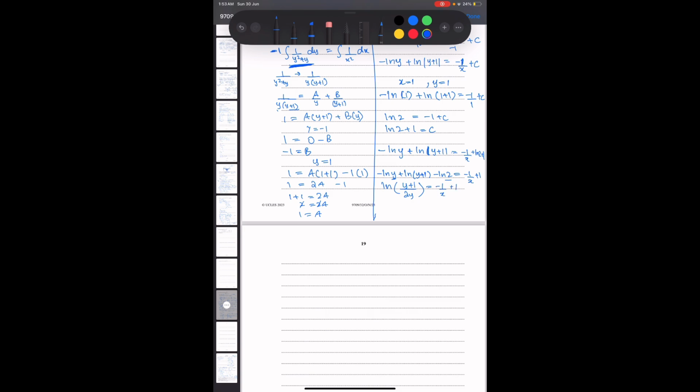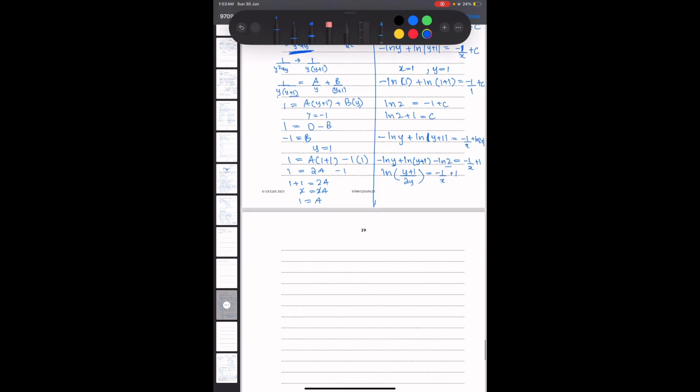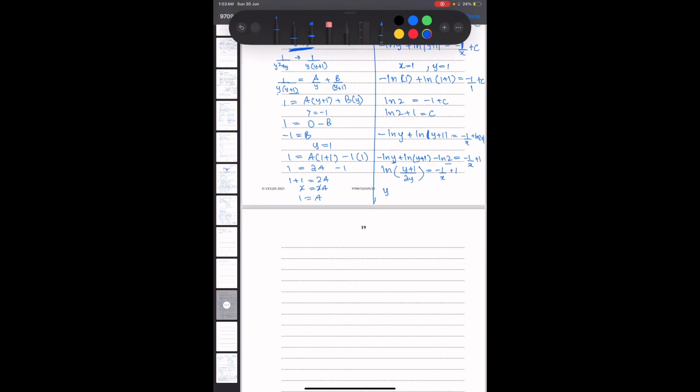We have to make y the subject, right? So ln basically means log to the base e. So y plus 1 divided by 2y is equals to e raised to power 1 minus 1 upon x, right? I just took this e to the, so basically ln is log to the base e, and over here we have our argument.